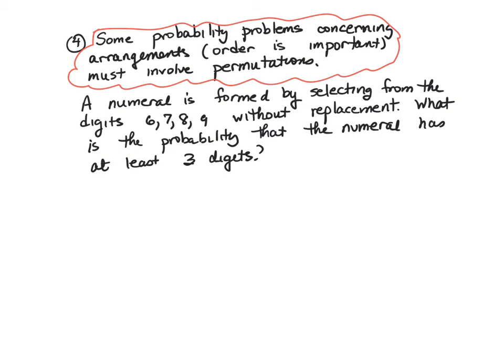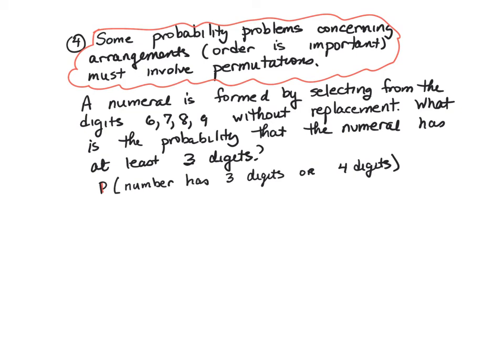So for at least 3 digits, we want the probability that the number has 3 digits exactly, or 4 digits. We can't do anything else. At least 3 includes the 3, but goes up to the maximum. And in this case, we only have 4 digits.